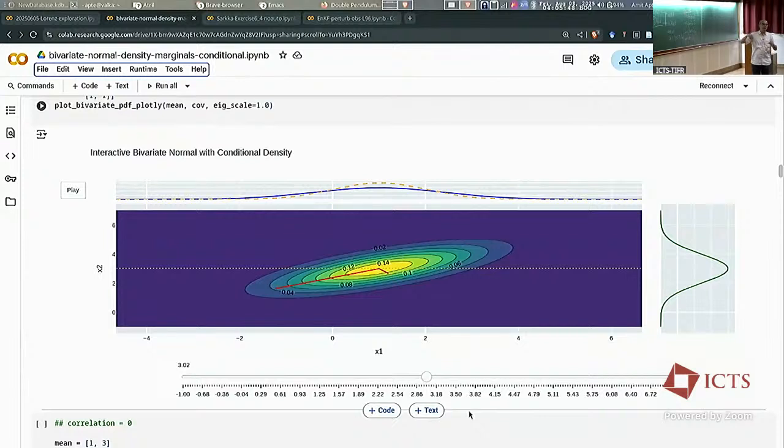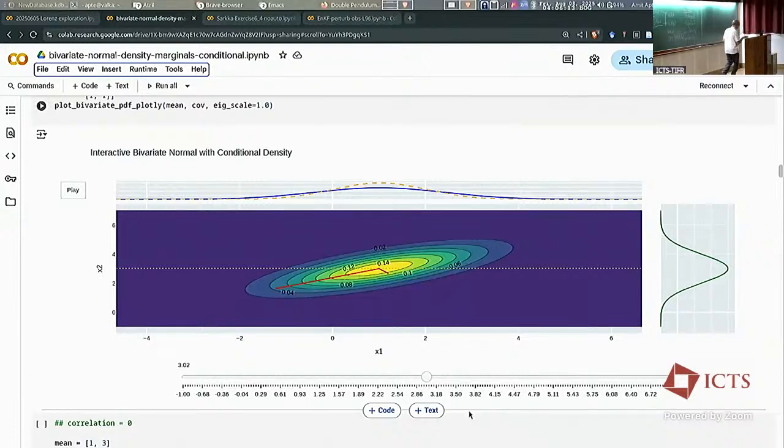What are shown here are the contours of constant density. And as I said, the indication that there is a correlation is that you see the semi-major axis is not aligned with either the x or the y axis. And so there is a correlation between x and y.